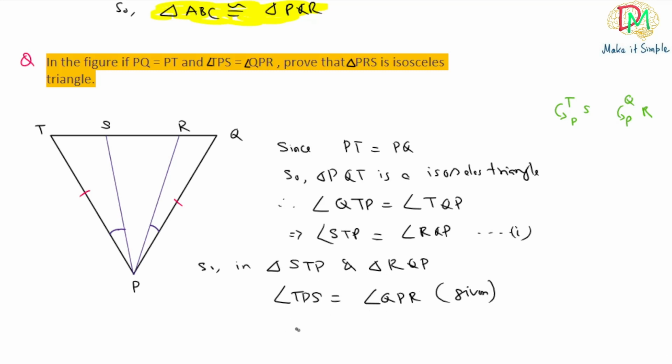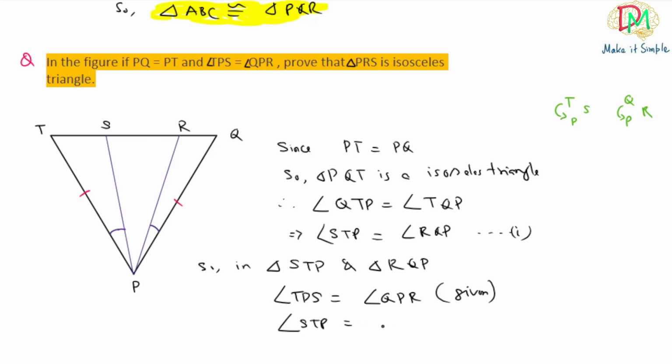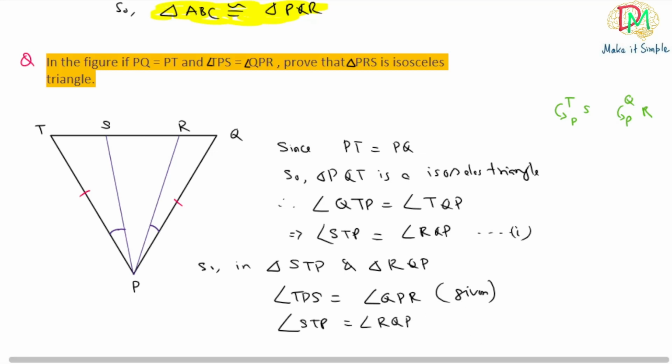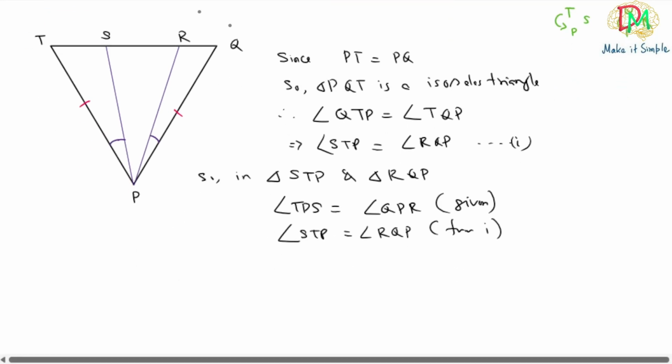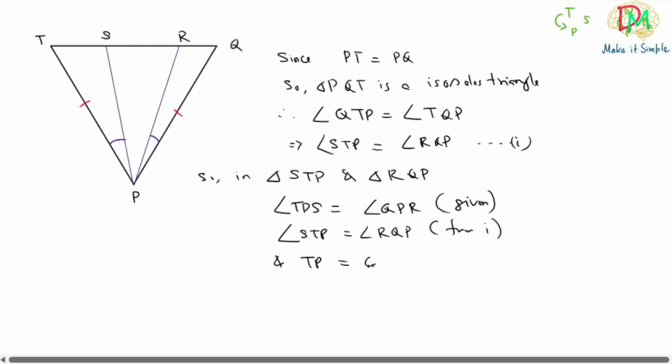It also matches the orientation, and angle STP is equal to angle RQP, which we have already derived from 1, and TP equals QP, given.